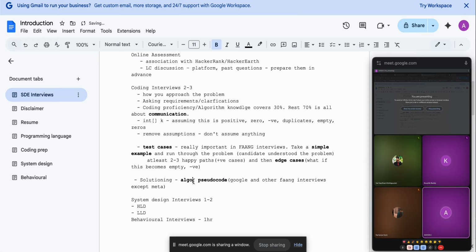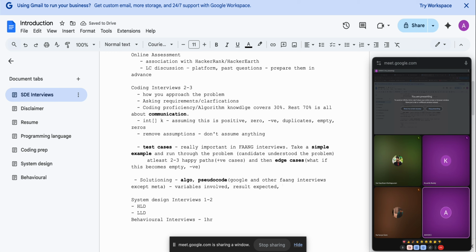Algorithm will become easy if you have solved enough number of problems, because at the end of the day, once you discuss the problem clearly, right, what are the variables involved, result expected, right?